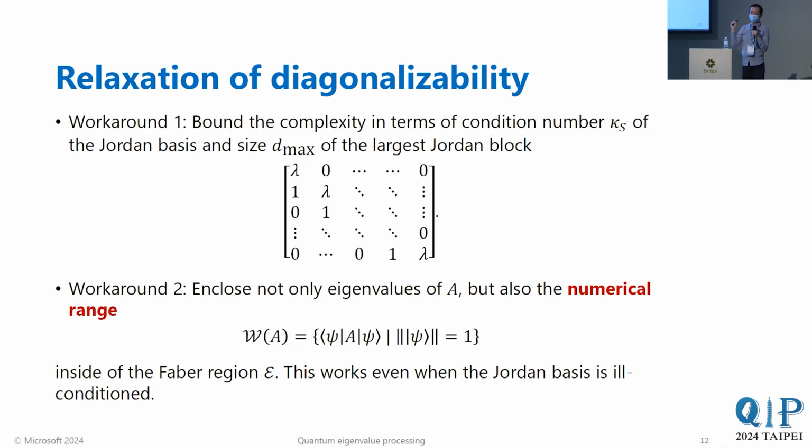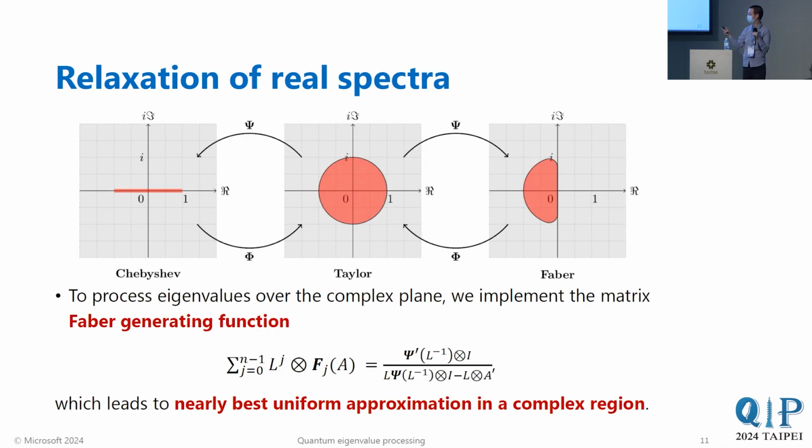That can be a problem if your Jordan basis is ill conditioned. But you could try the second approach where you look at the numerical range of this operator and you try to enclose the numerical range inside one of these figures. And that will not have a dependence on the Jordan condition number. So you are good to go for that case. Yes, we still have time.